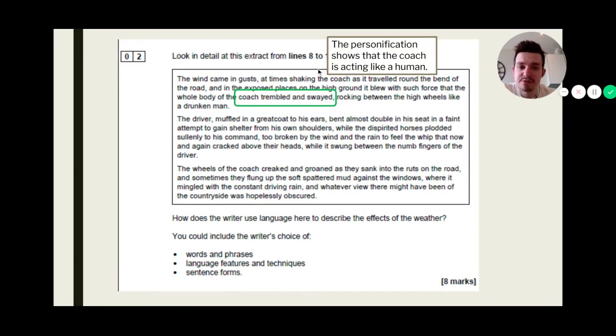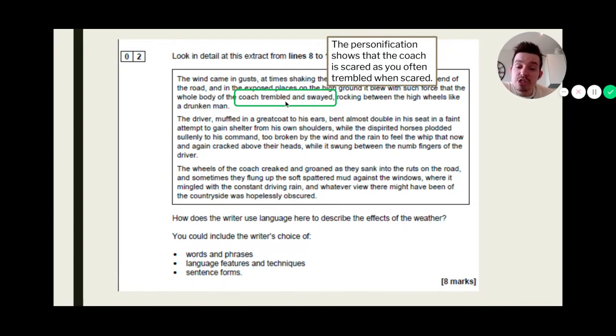Rather, how about this for some analysis? The personification shows that the coach is scared, as you often tremble when scared. Do you see the difference between the two? One just gives me a definition of personification. That's not good. The other is specific about what the language here uses.